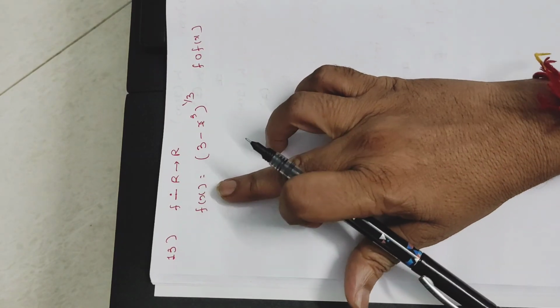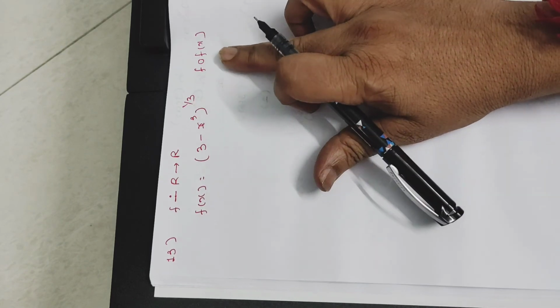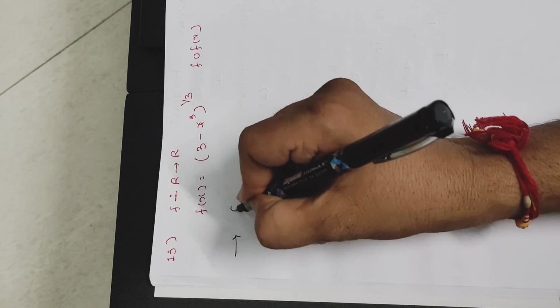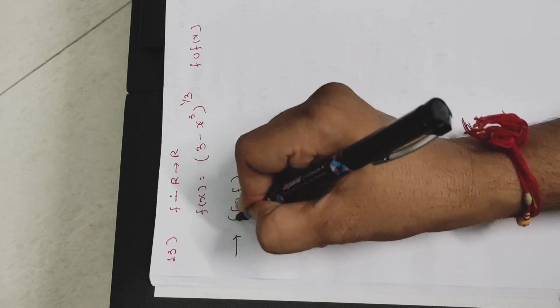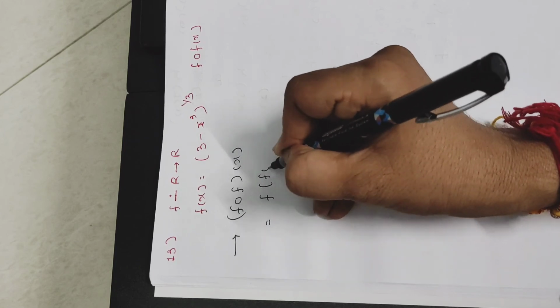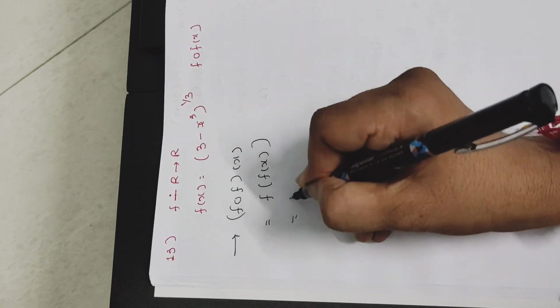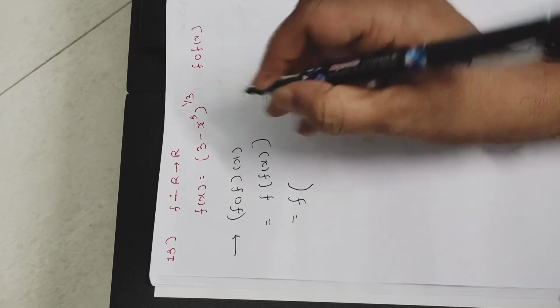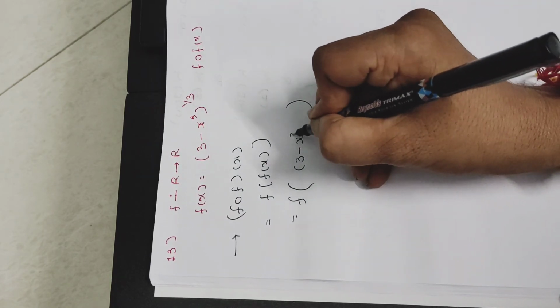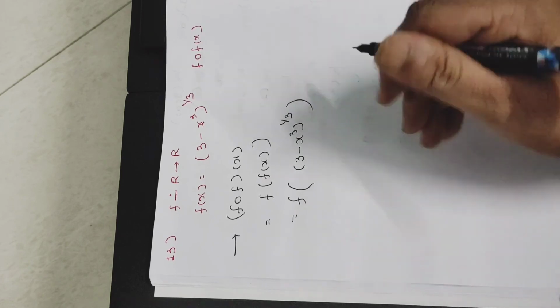Now f(x) is given and I have to find f∘f(x). So f∘f(x) is equal to f of f(x). f(x) is this, that is (3 minus x cubed) raised to 1 by 3.